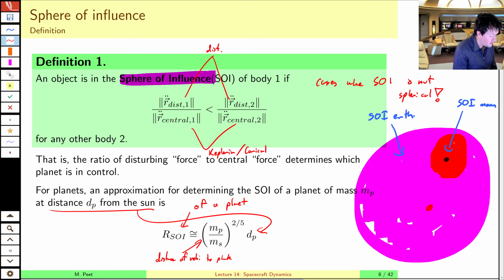The distance of the vehicle to the planet has to be less than this number in order to be in orbit around the planet, as opposed to orbit around the sun, which is the converse case. When you're not in orbit of the planet, you're in orbit of the sun.